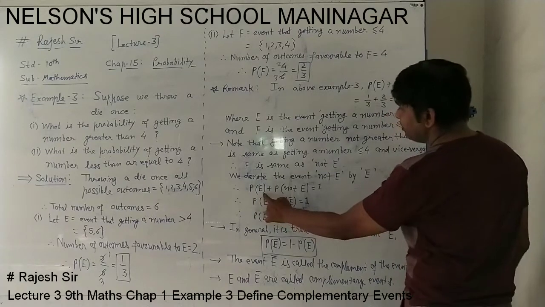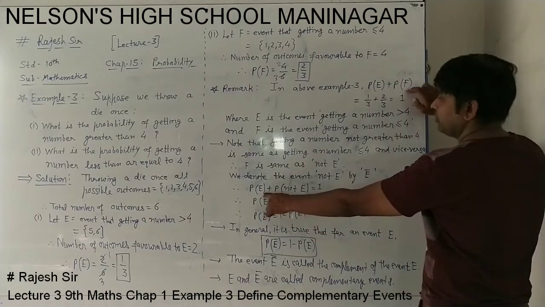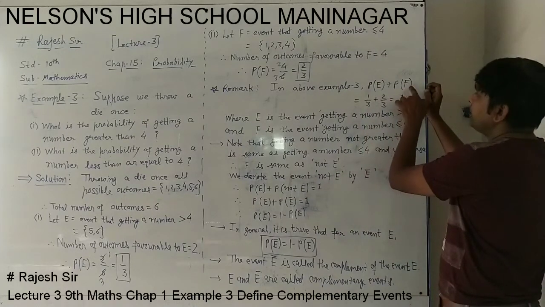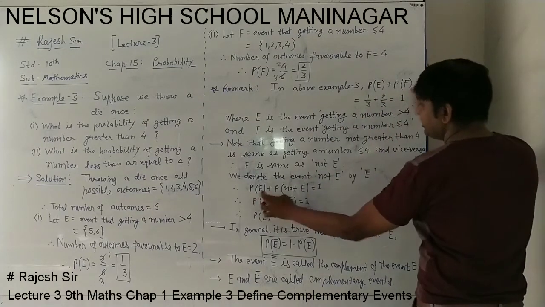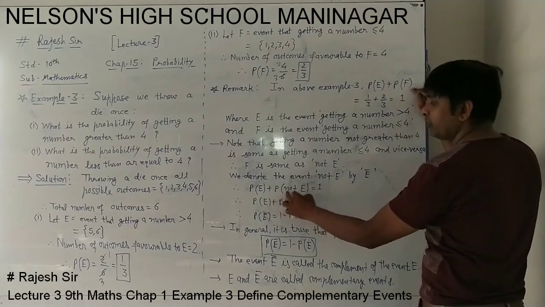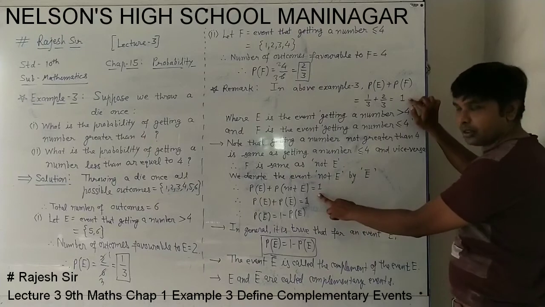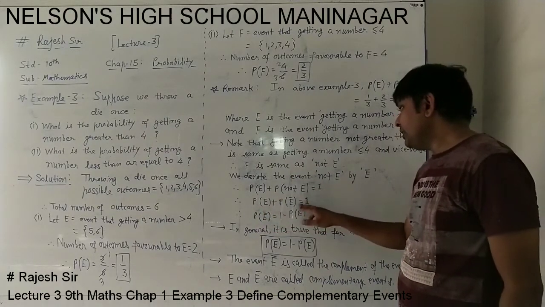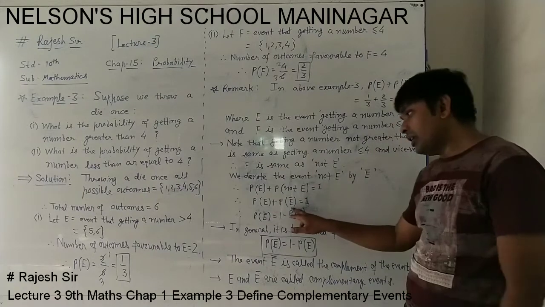So you can write P(E) plus P(F), because F is the same as not E. So in place of F we can write not E: P(E) plus P(not E), that is, probability of E plus probability of not E equals 1. Now P(not E) is denoted by P(E bar).